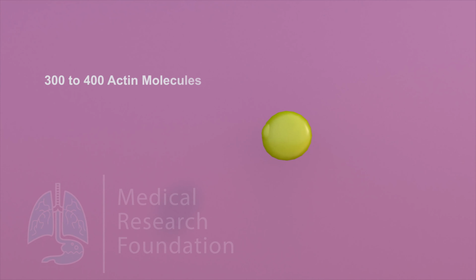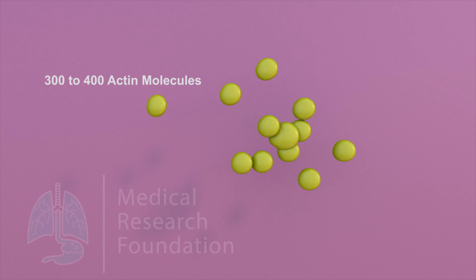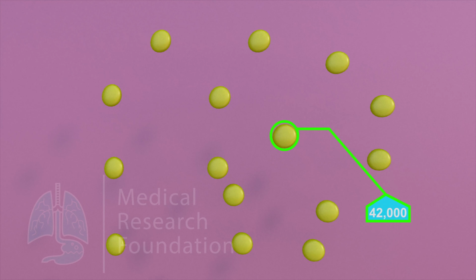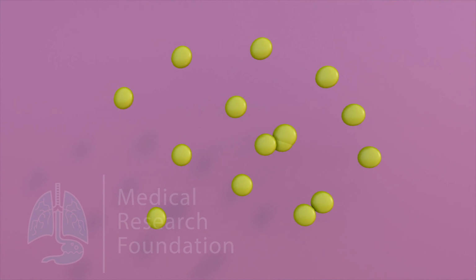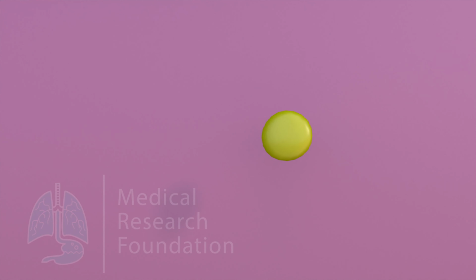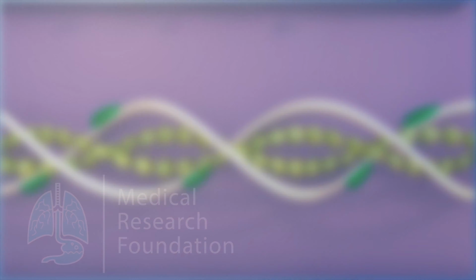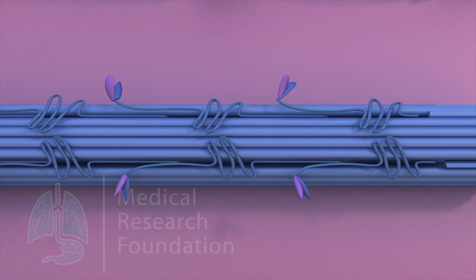There are about 300 to 400 actin molecules in each actin filament. The molecular weight of each molecule is 42,000. The actin molecules in the actin filament are also arranged in the form of a double helix.